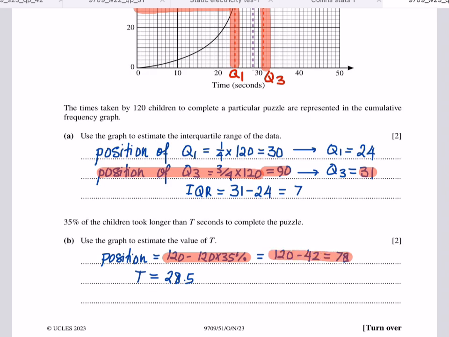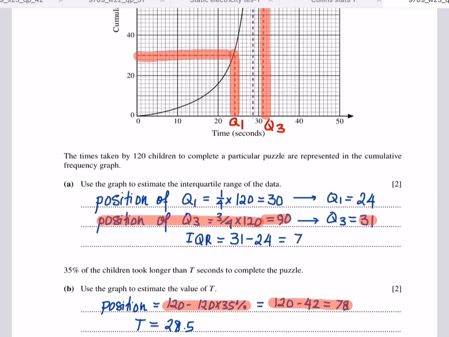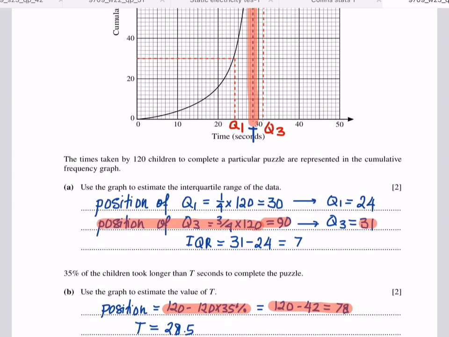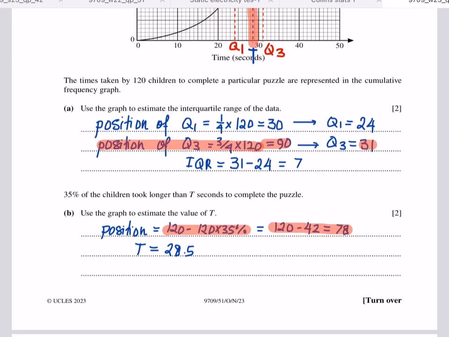The position is 78. Again, we can use the graph to find the value of T. So this is the value of T. The T is 28.5.